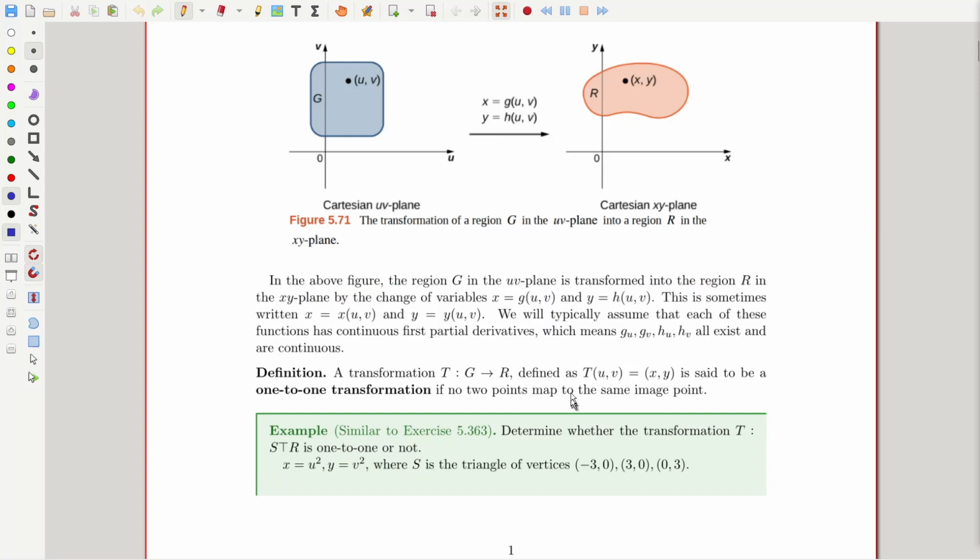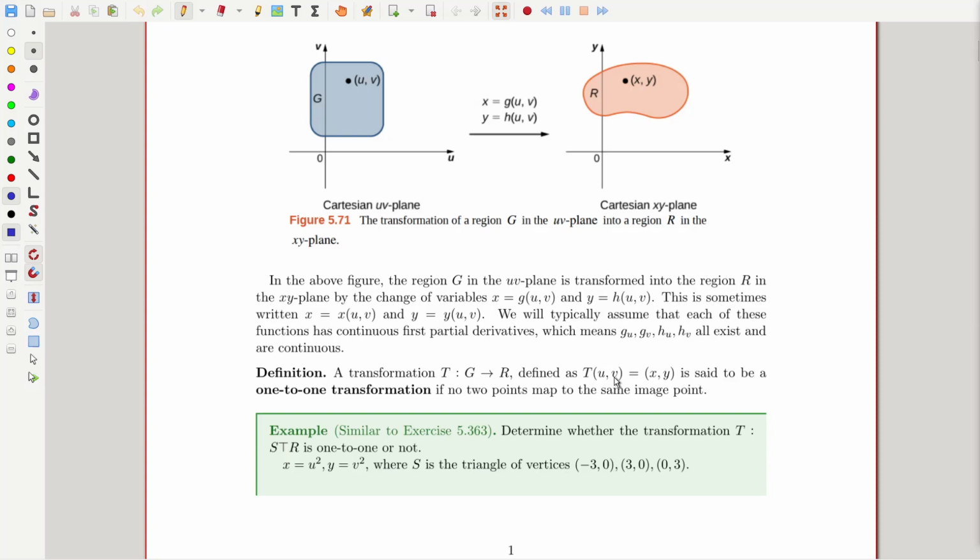There's an assumption about this kind of transformation, which the book discusses, which is that the first partial derivatives are assumed to be continuous. This is a nice property to have. I believe what it does is it allows you to define the Jacobian properly, because the Jacobian is described in terms of these first partial derivatives.